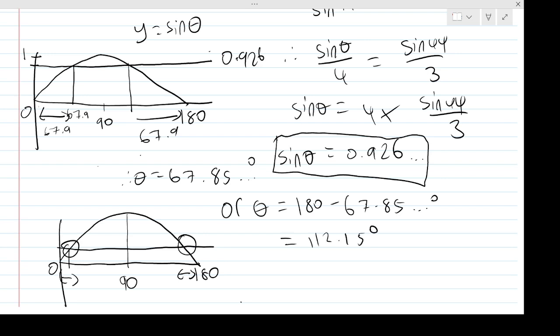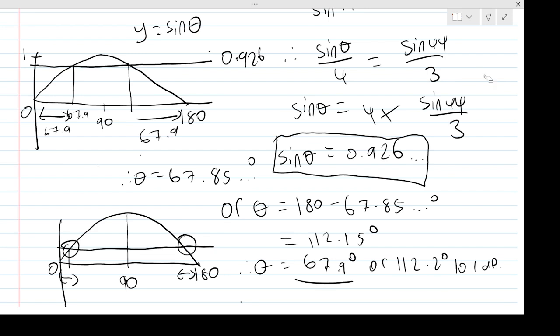Okay, cool. So I've got two possible values of theta then. And so in general, with the sine rule, it will always produce two possible angles we can have. If I summarise then, theta could be 67.9 or 112.2 to one decimal place.